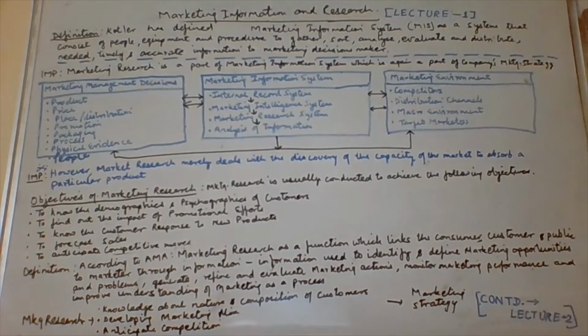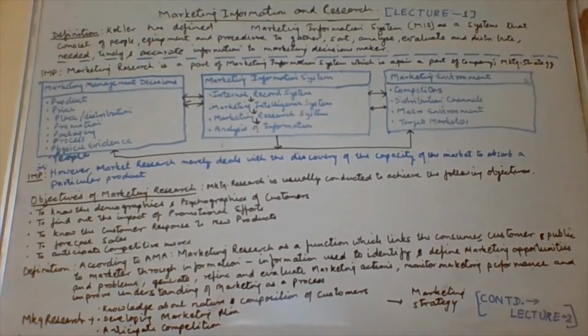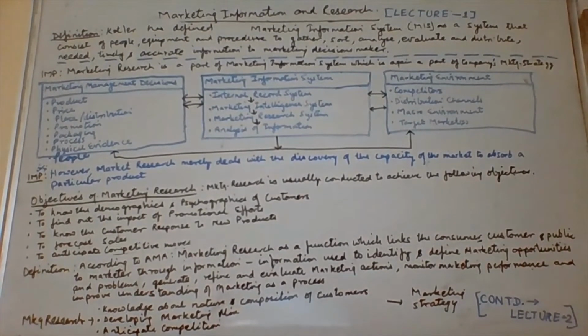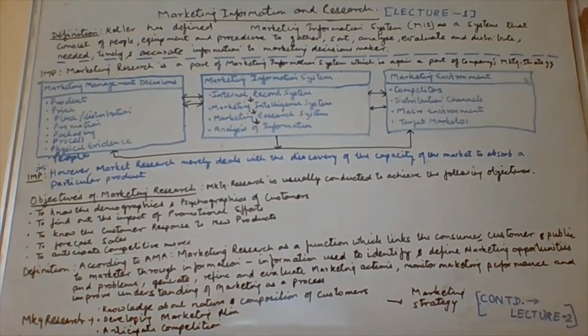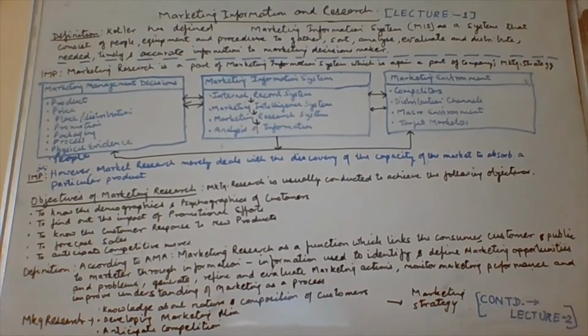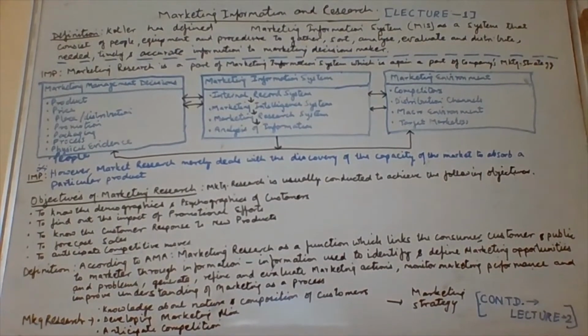Demographics is about the people of a particular area, or of the nation, or of a particular place. We want to look at the demography in terms of gender, male and female, or whether they are young people, adults, or old people, whatever it is.